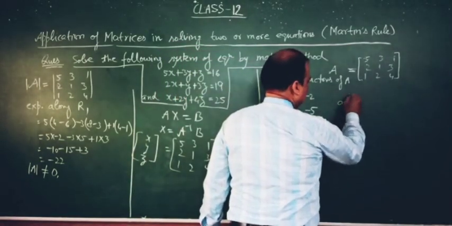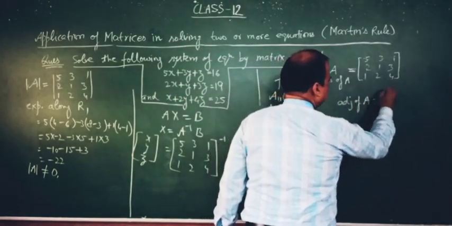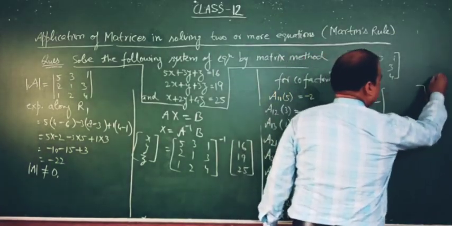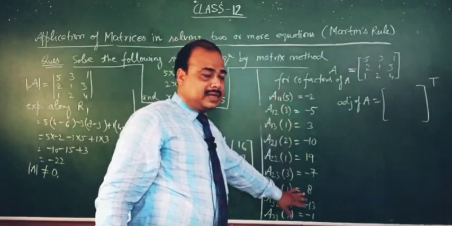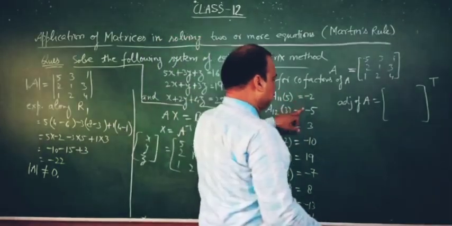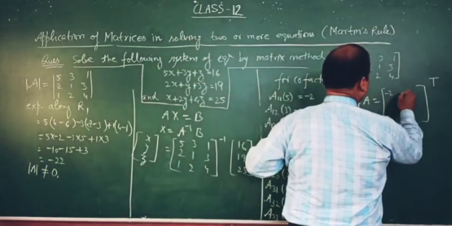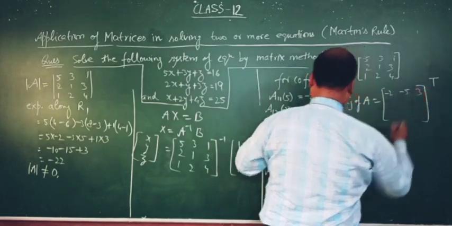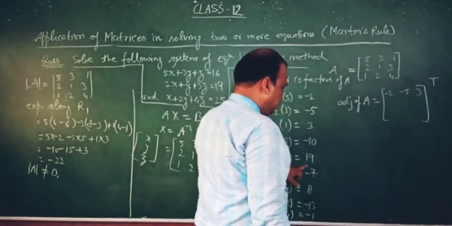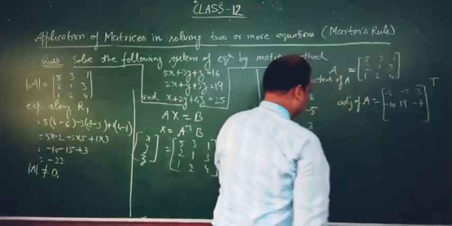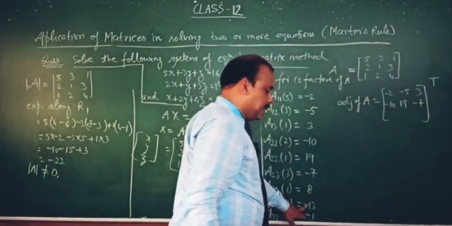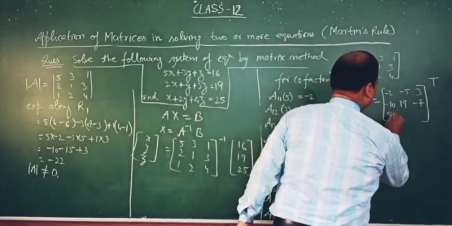Now adjoint of A equals the matrix of these cofactors, it means negative 2, negative 5, 3, negative 10, 19, negative 7, 8, negative 13, negative 1.